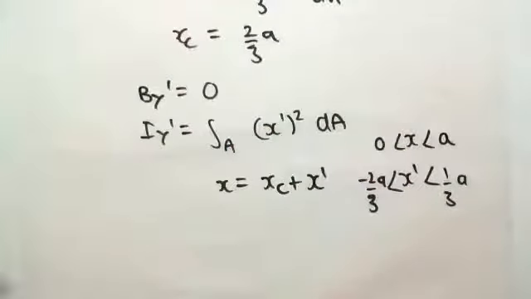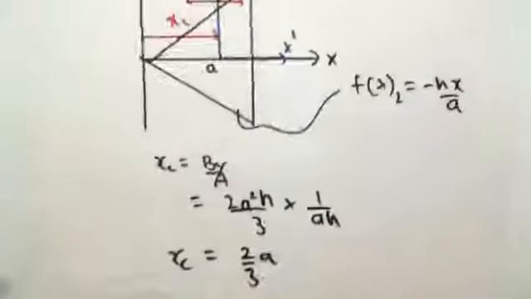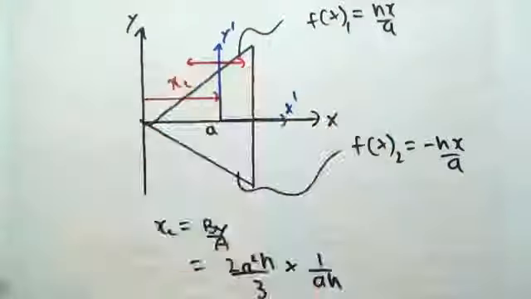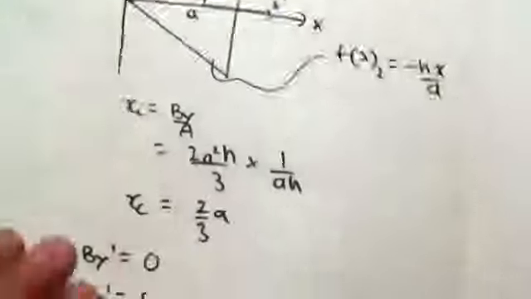So what we're going to do now is sub in for x into our functions, so we get them in terms of x dash. So it's going to look like this. We have function 1 of x equaling hx on A, subbing in for x, which is xc plus x dash.